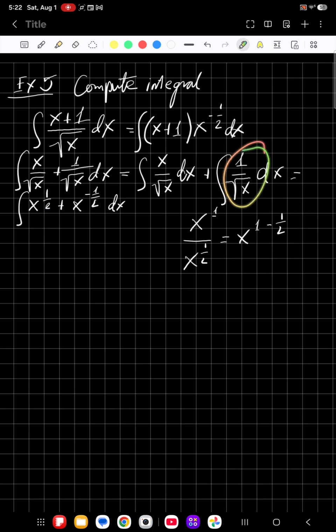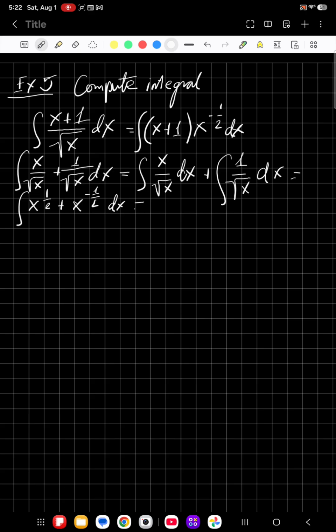And then this is 1 over radical x, the square root of x. Square root of x is x to the 1/2, so 1 over it is the same as x to the negative 1/2, because negative pushes the whole thing down. I hope you understand this algebra. Let's go back to calculus.